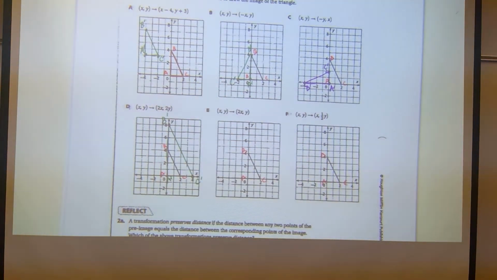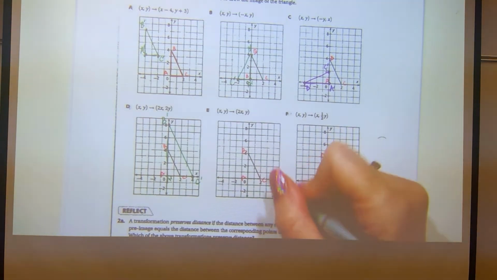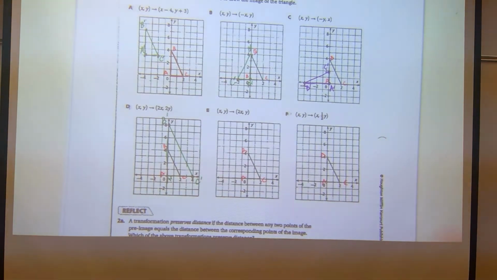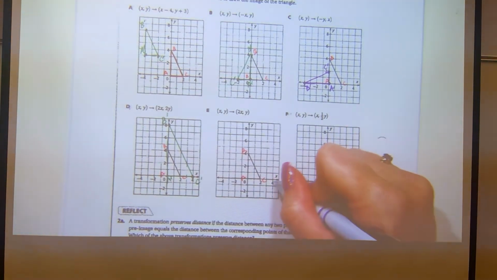Notice that I'm being careful to label my image with the correct vertices using the prime notation. That's really important. I'm trying to see what you can see better. I think maybe the purple shows up best.